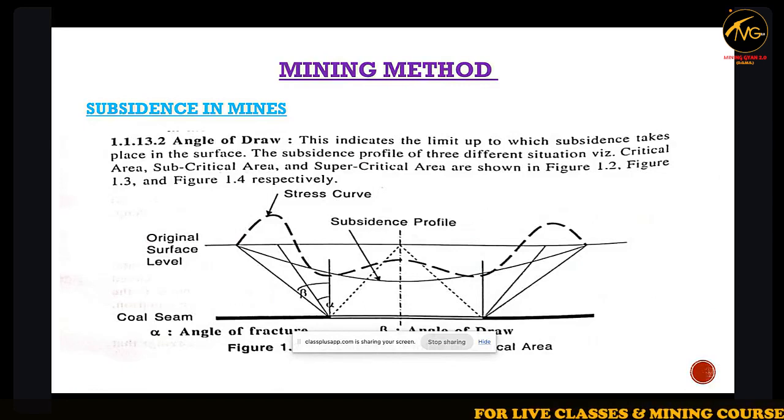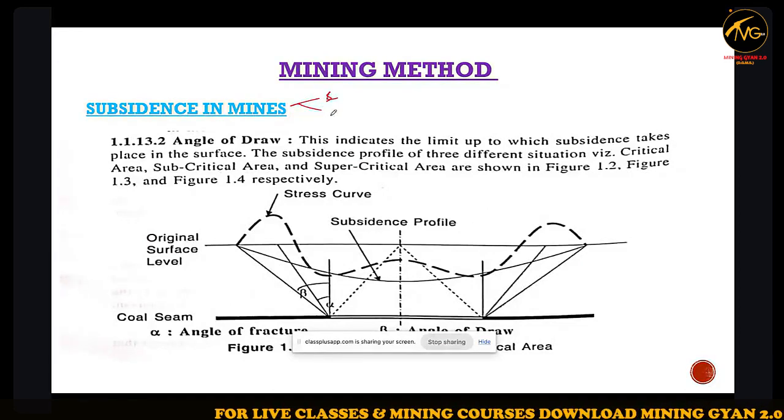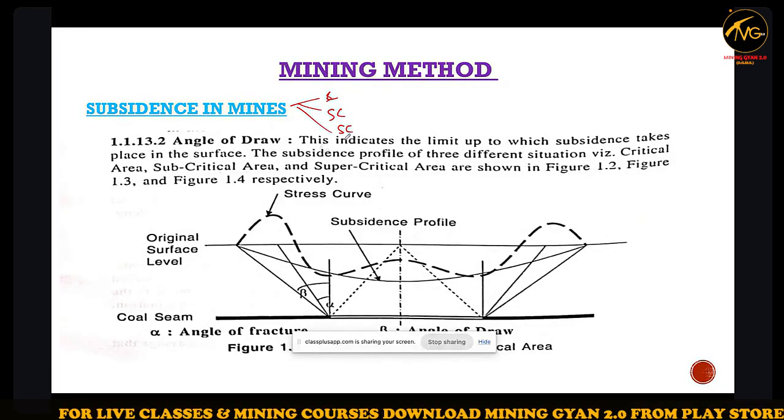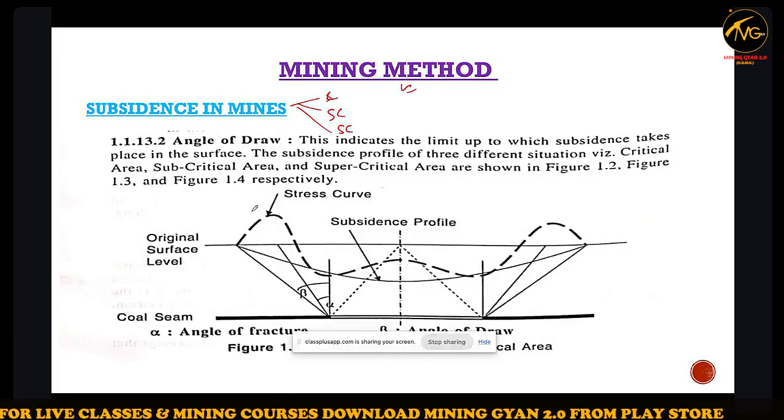So this is our angle of draw. I have already discussed that subsidence is of three types: critical, subcritical, supercritical, and I have told you what is a trough and what is a sinkhole. Then this is what we call the stress curve. This is your surface.